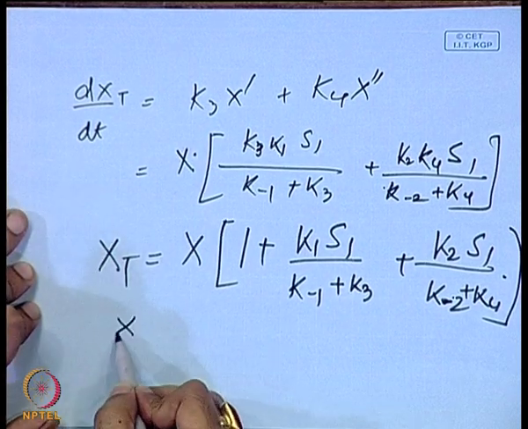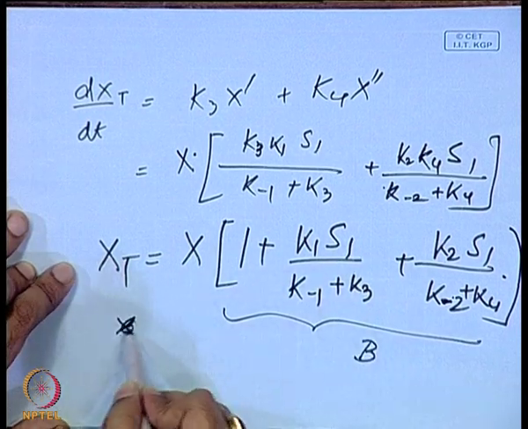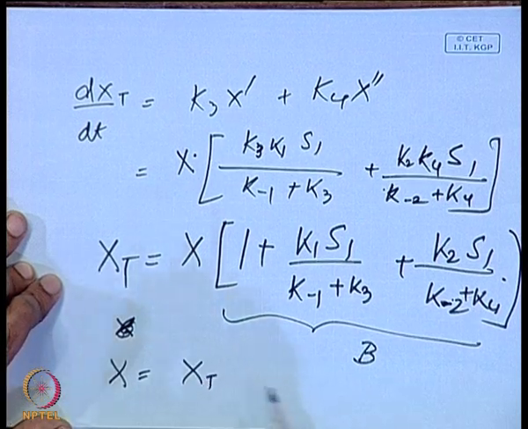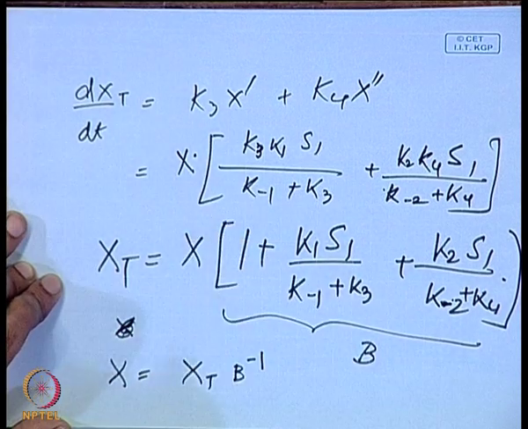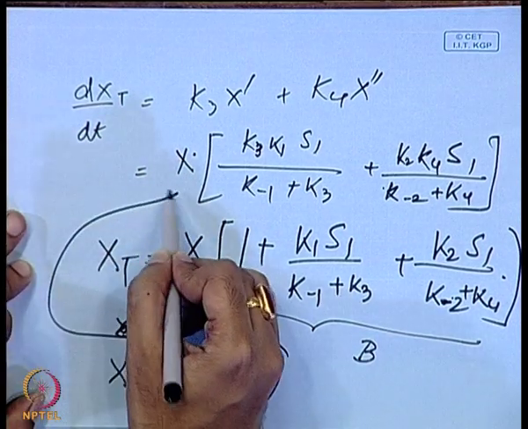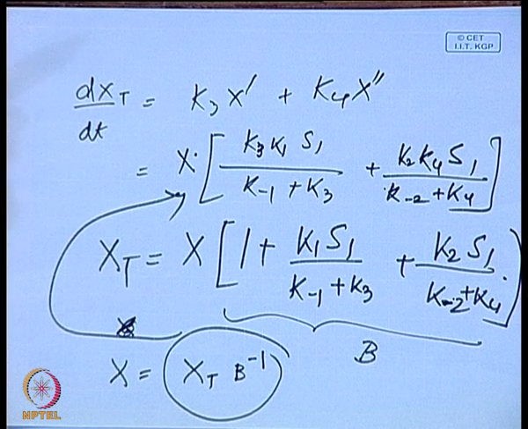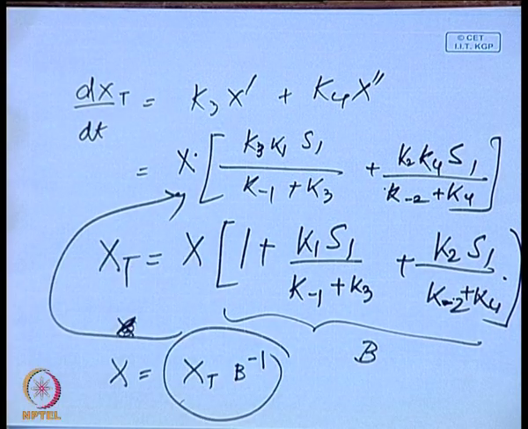This quantity is too big, so let me call it b. So, x is x t times b inverse, and then you can put it into this equation, this whole thing. So, then you can get it in that form.